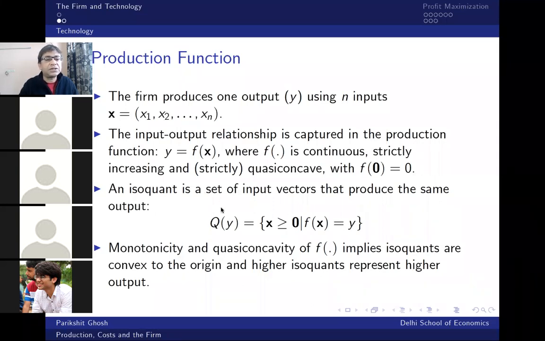You can take the same mathematical object and call it by different names, and you go from the indifference curve to the isoquant. And as you remember, when we assume that the utility function is quasi-concave, that implied that indifference curves are convex. Similarly over here, since we are assuming that the production function is quasi-concave, that means our isoquants will be convex shaped.